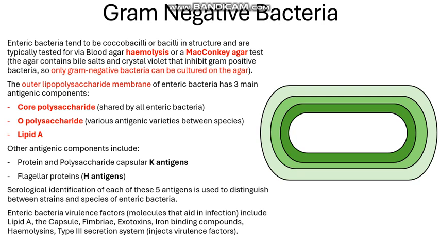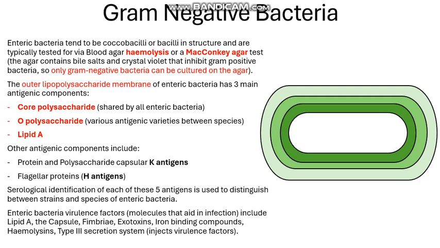The core polysaccharide, shared by all enteric bacteria. The O polysaccharide, which has various antigenic differences between different species of enteric bacteria. And lipid A. Other antigenic components include protein and polysaccharide capsular K antigens, and flagellar proteins called H antigens.